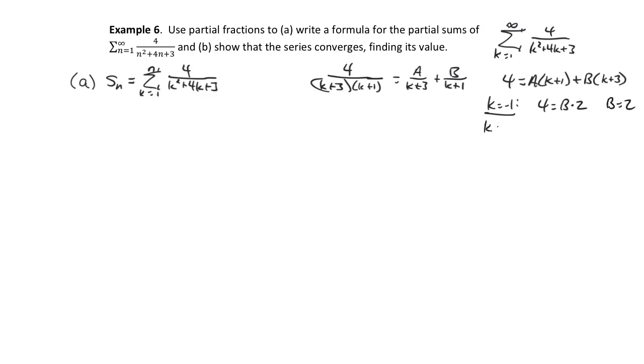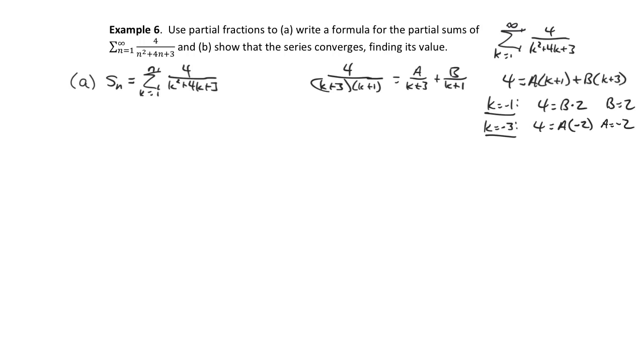On the other hand, if k is -3, I'll get 4 equals A times, well, -3 plus 1 is -2, and -3 plus 3 will give me 0, so that term will go away. Again, -3 plus 1 gives me this -2. When we divide both sides by -2, we end up with A equals -2.